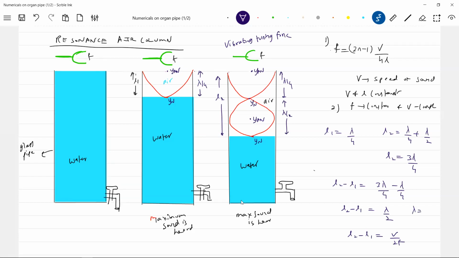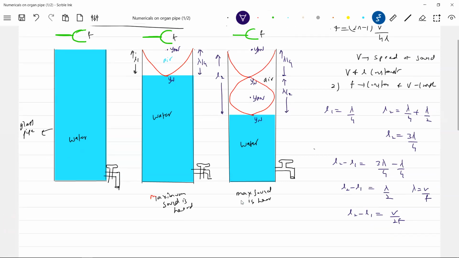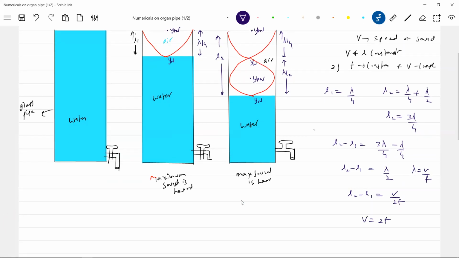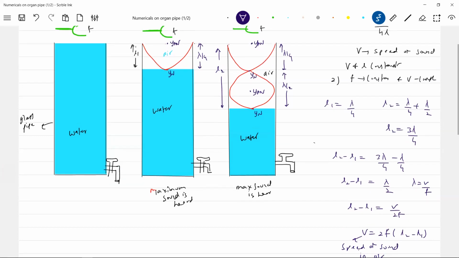Then we have V equal to 2f times (L2 minus L1). So what is this? Speed of sound. I know the frequency of the tuning fork, and I know L2 and L1, I'll measure.